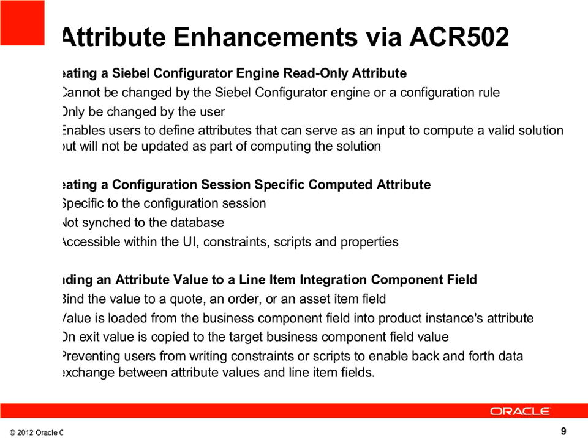And the value of this business component field is, on start, loaded into the attribute, and when you exit the evaluator session, then the value of the attribute is stored back to the line item integration component field into the resulting forward order or asset item field. Before this enhancement, this was only possible by adding some scripting. Now you can do this very easily by setting up a simple property in the product model.